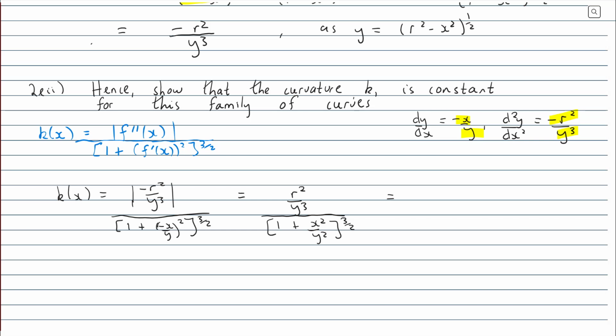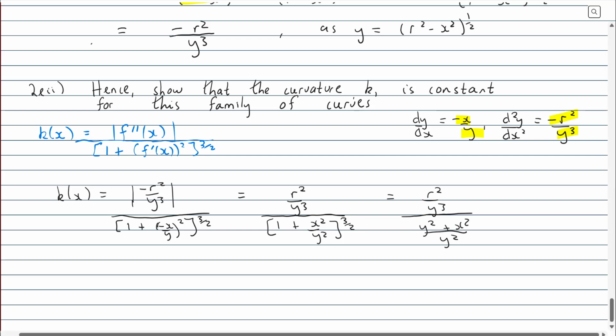If we write the numerator out again, I'll write the denominator a bit clearer. I'm going to write it as y squared over y squared plus x squared all over y squared, to the power of 3 over 2.